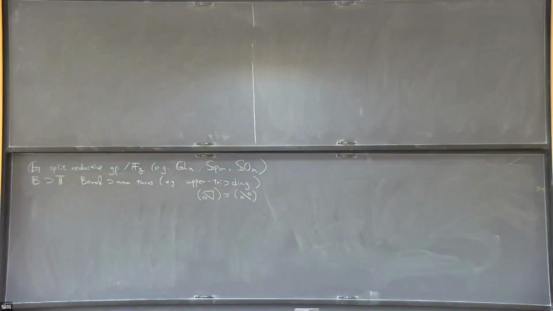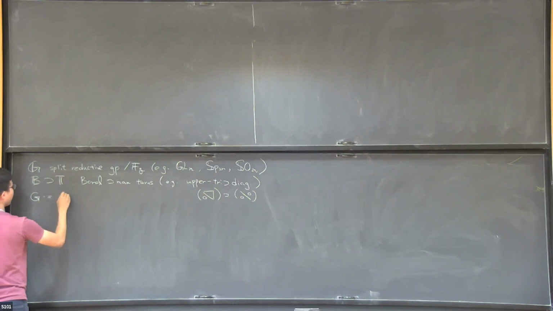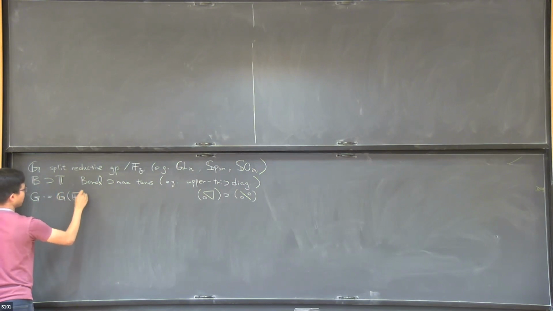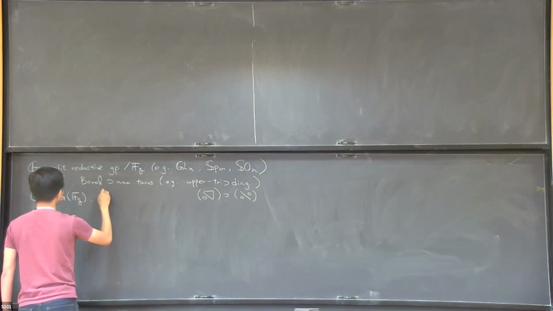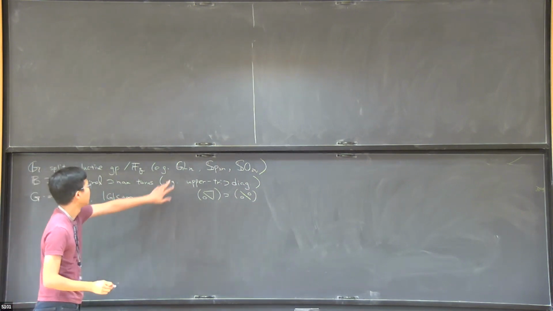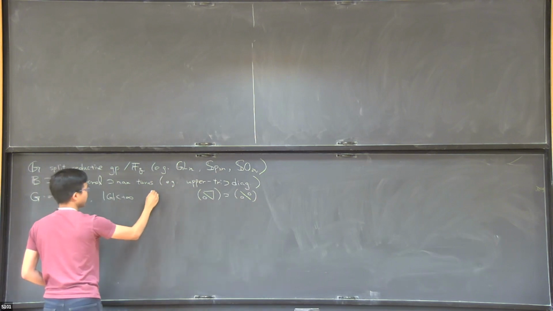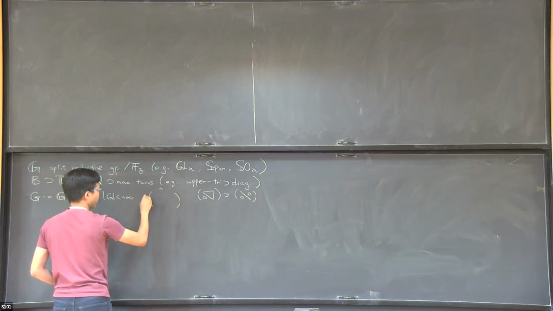So let us define G, the symbol, to be the finite group of F_q points. It's a finite group. In the case of GL_n, it is just n by n invertible matrices with entries in F_q.